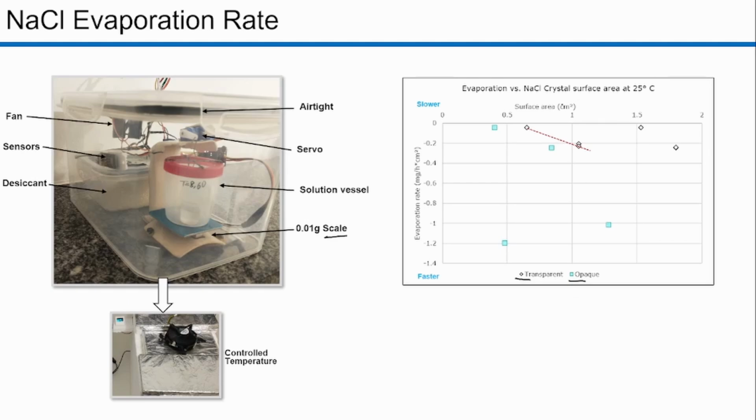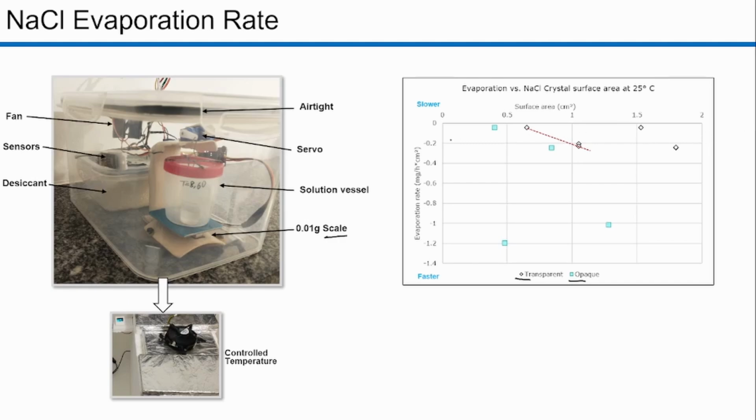And the surface area of the crystal, as you can see, there seems to be a boundary over here from which, if the surface area is bigger, then for a constant evaporation rate you have the crystal growing transparent all the way through.